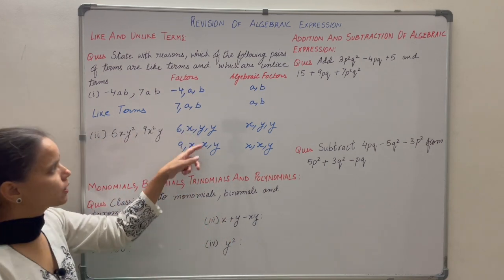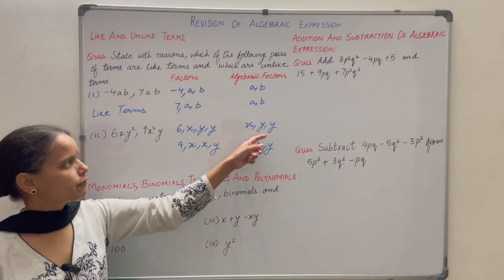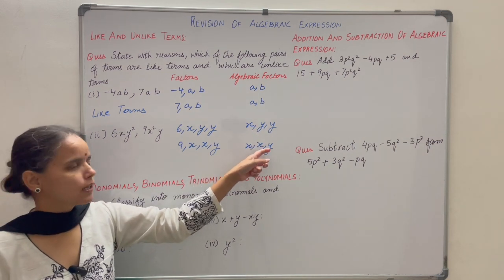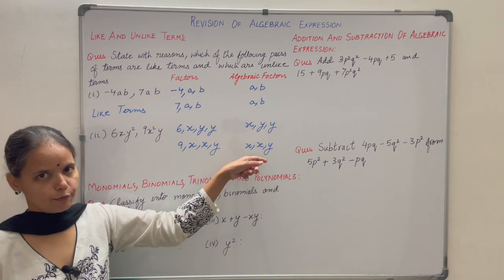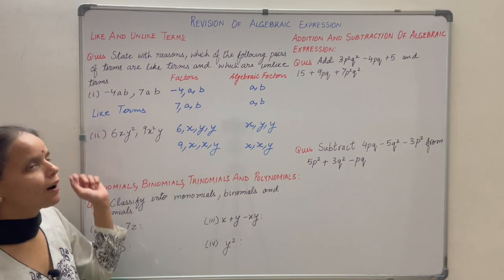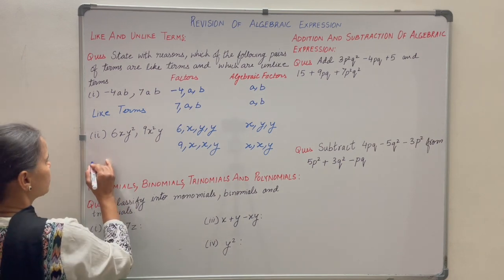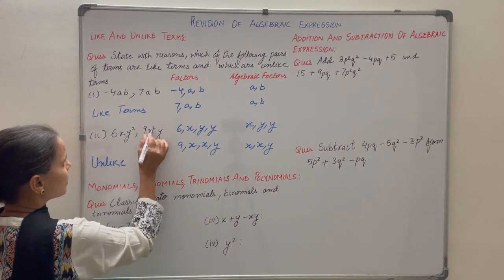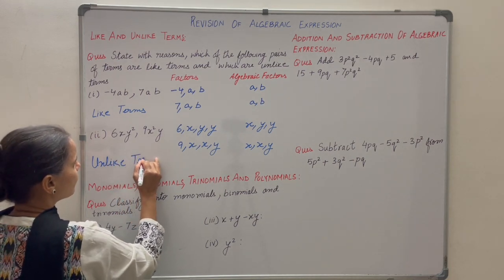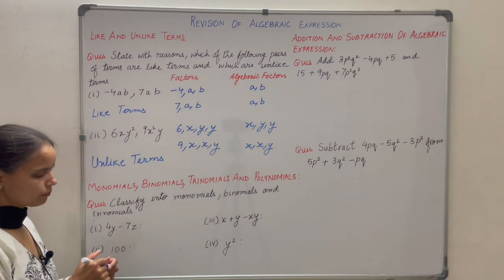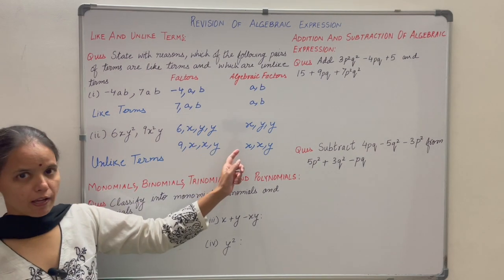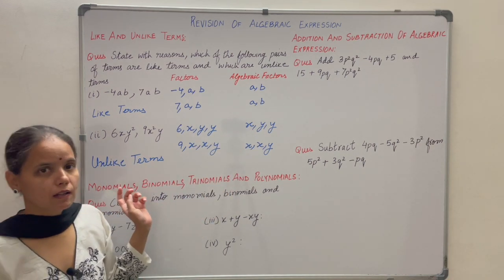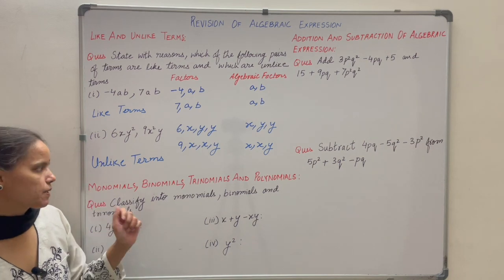So the algebraic factors are different. So they are unlike terms. So 6xy square and 9x square y are unlike terms. Here both have the same variables, but the powers are different. So you can see that they are unlike terms.